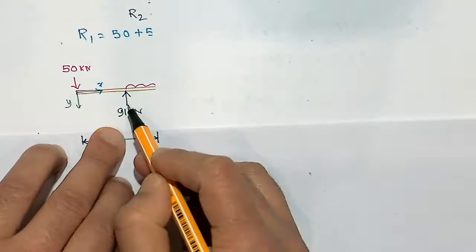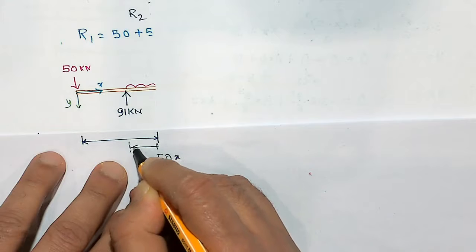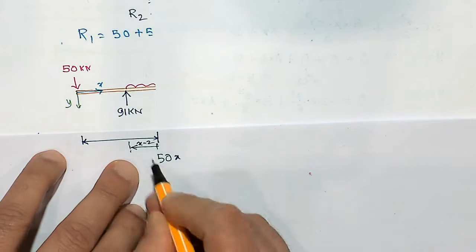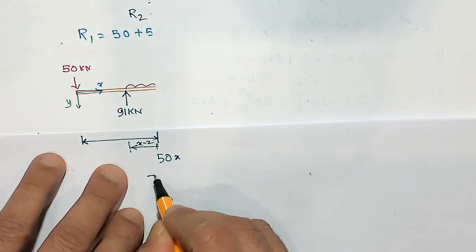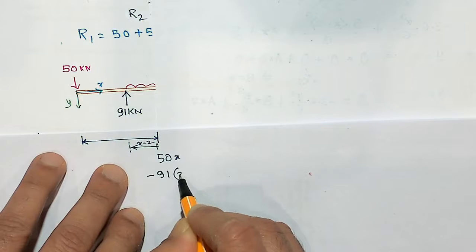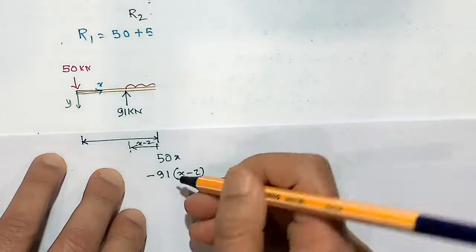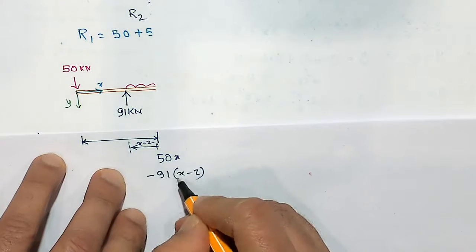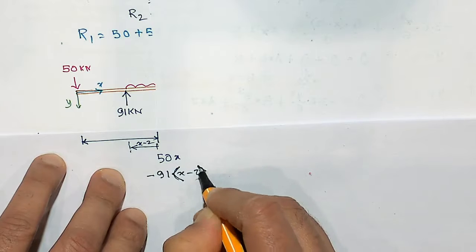I have got the 91 kilonewton force, and this distance is x minus 2 meter. So 91 would be creating a sagging moment, so that would be minus 91 times x minus 2. And of course that is only valid if x is more than 2, so use the Macaulay bracket x minus 2.